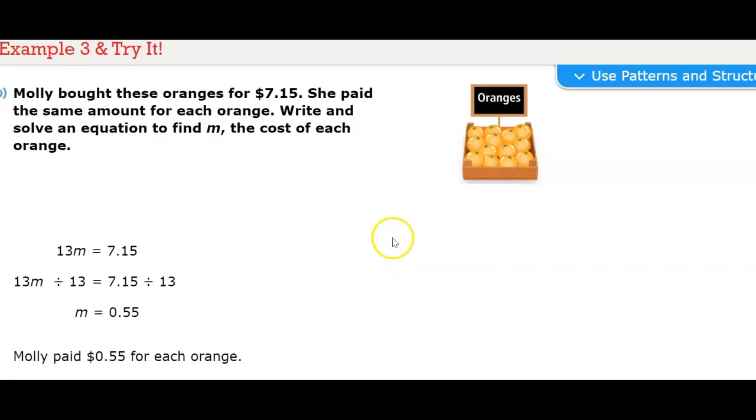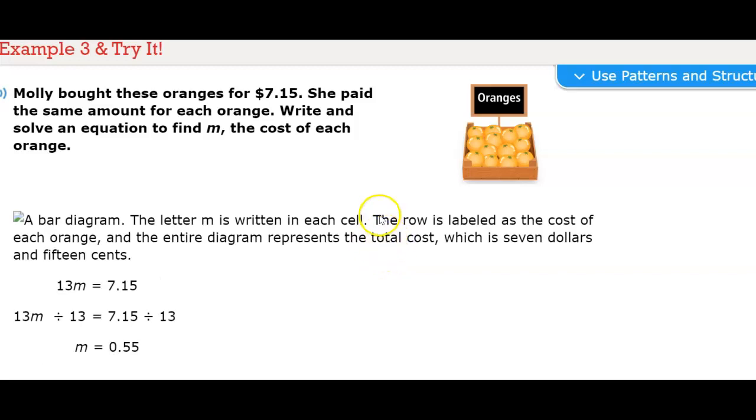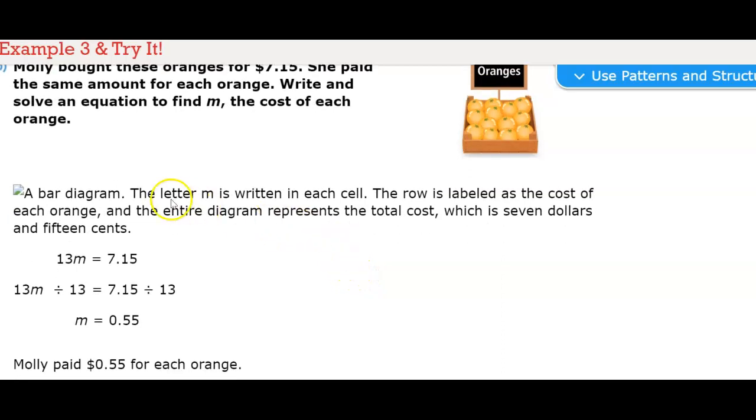Now it said to write an equation to solve it. The letter M is written in each cell of that bar diagram, and the row is labeled as the cost of each orange. So if you remember, let me go back.